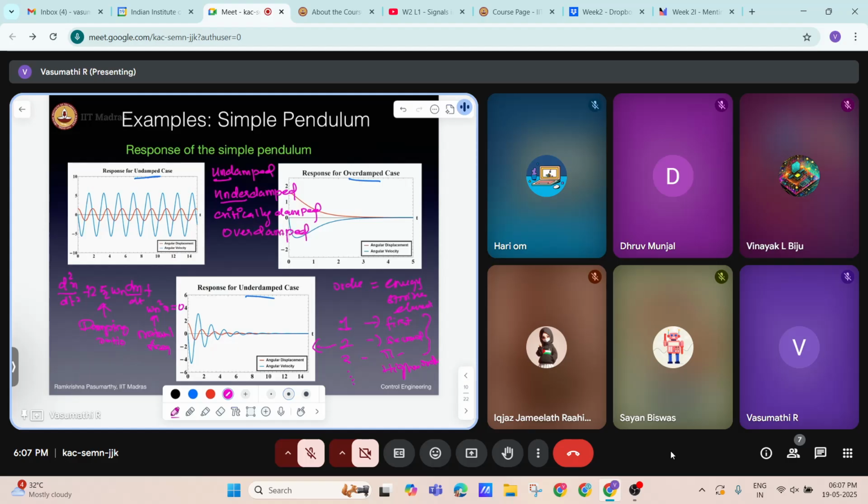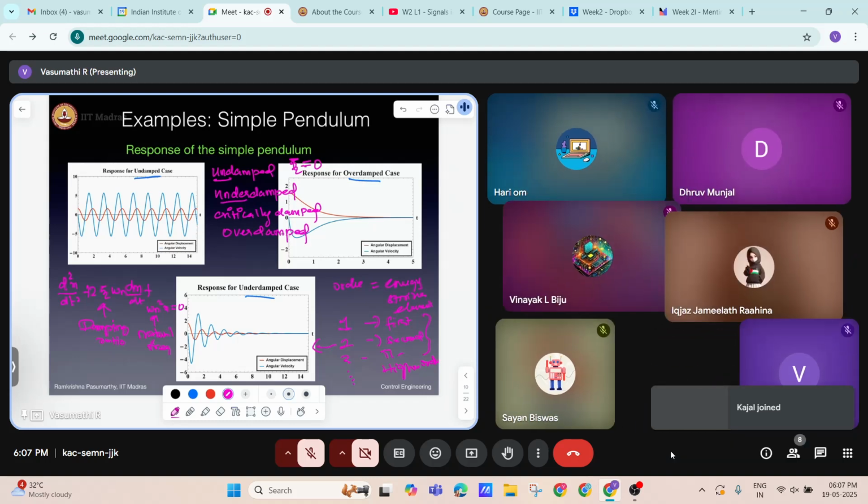So I told the story based on a real-time scenario, but mathematically, undamped means this zeta, not tau, this zeta I represented here should be 0. Ideally there is no damping at all. Then that is undamped. There will not be any energy loss, or anything that keeps the thing out of the way.